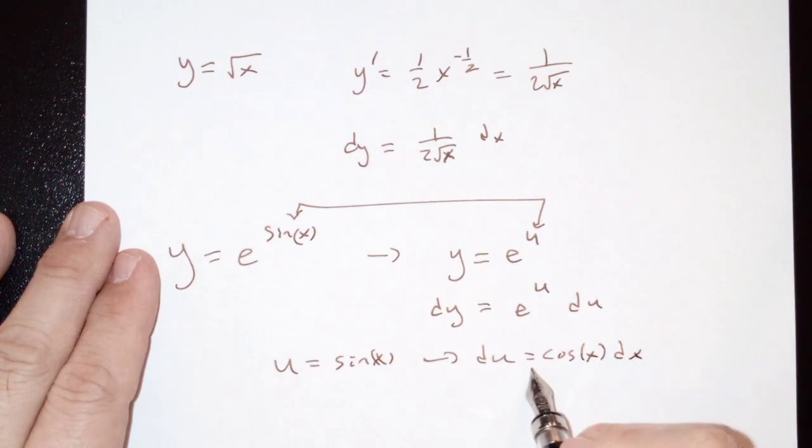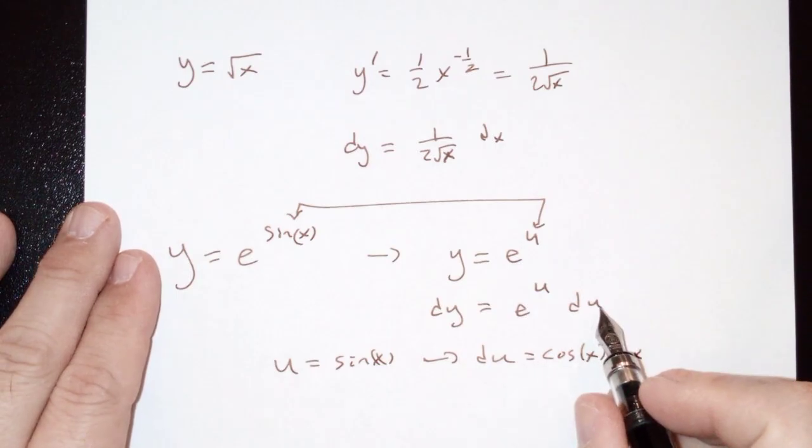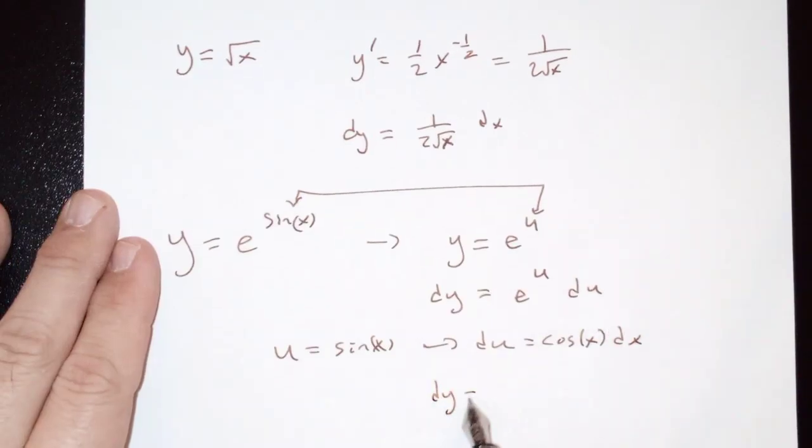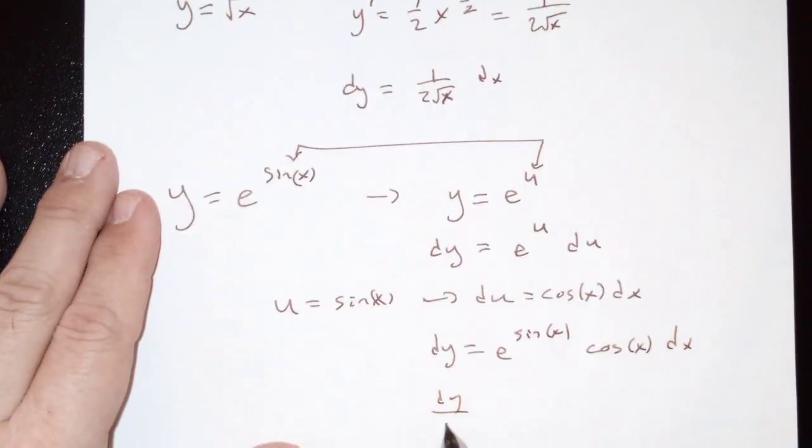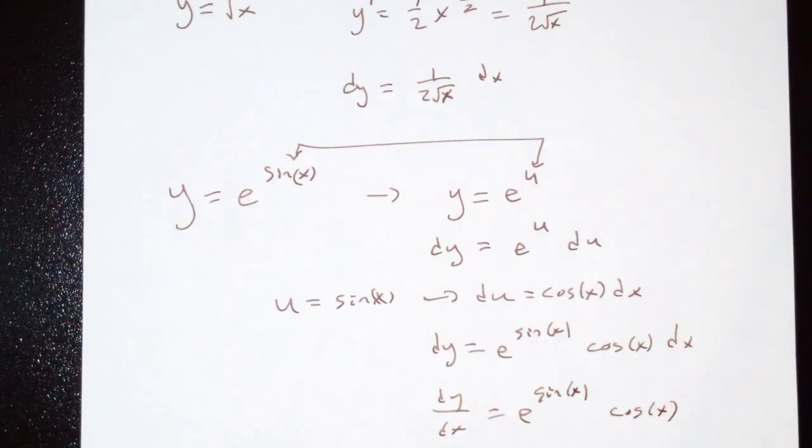And if I swap that right up into here, I get dy is e to the u du. And if I put that back over there, there's my chain rule. The derivative of the inside is really rearranging my differentials.